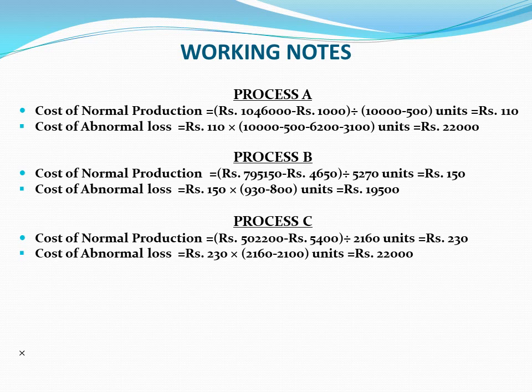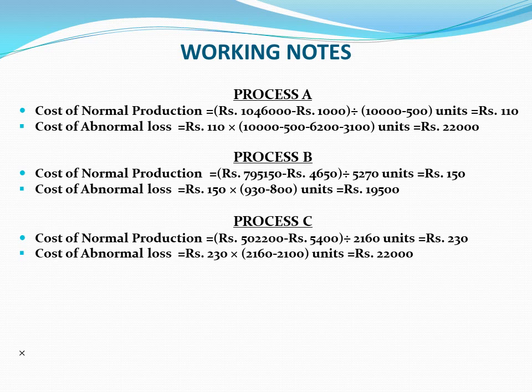For process B, cost of normal production is rupees 7,95,150 minus rupees 4,650 divided by 5,270 units, which comes to rupees 150. Cost of abnormal loss is calculated as rupees 150 multiplied by 930 minus 800, which becomes rupees 19,500.